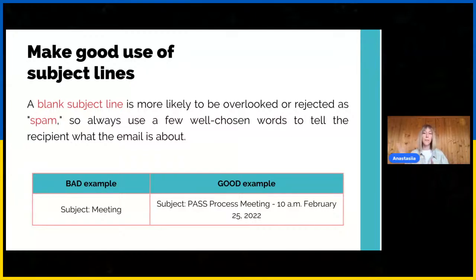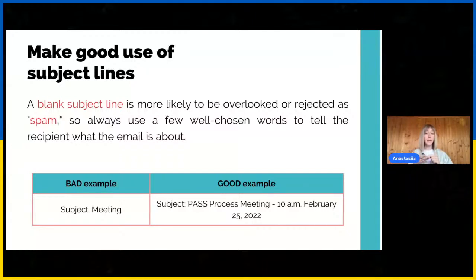So here you can see a bad and a good example of how to do it. Pay attention that if we write a subject, for example if we are planning a meeting, it should include the time, the place, if you, for example, have some special room for meetings, it should have the date when the meeting is going to happen, and ideally the topic of your meeting.